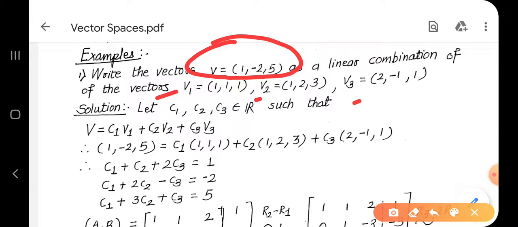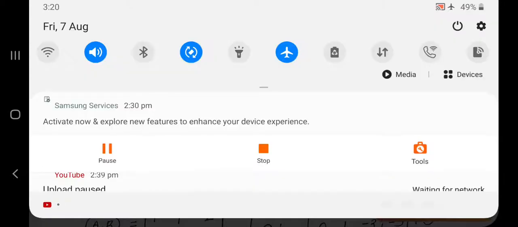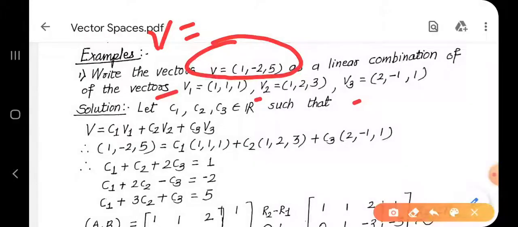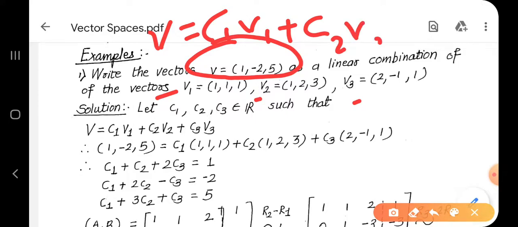So what we have to do to express it as a linear combination? So v is equal to c1 v1 plus c2 v2 plus c3 v3. So always keep in your mind, whenever you have to express one vector in terms of another set of vectors, then take those scalars.